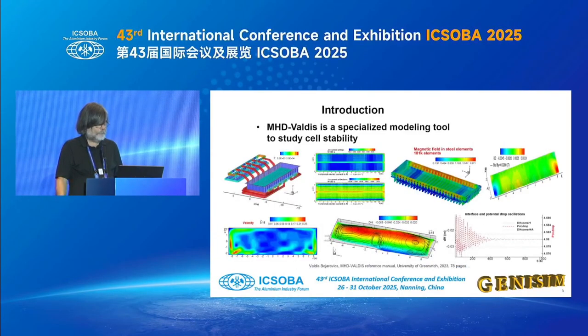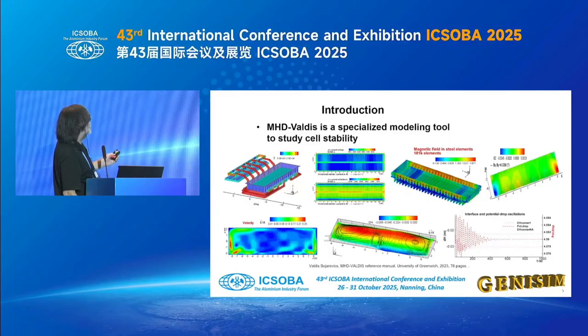Okay, so I'm going to use MHD Valdis in the second part, so I'm introducing it here. As in my previous presentation, it is software that is designed to study stability. So you compute the current. You compute the electrical network. You get the current density.